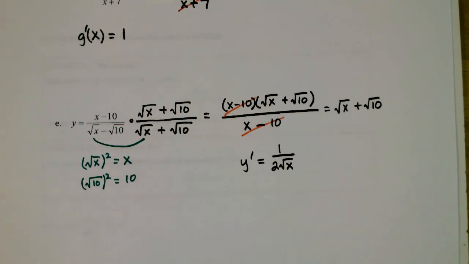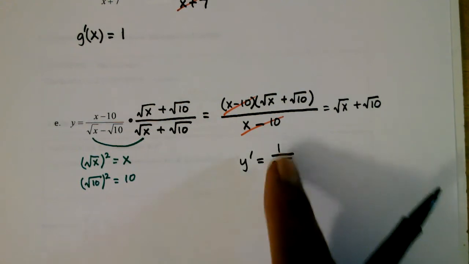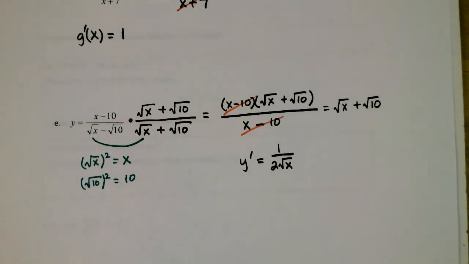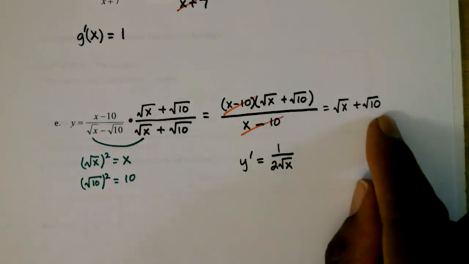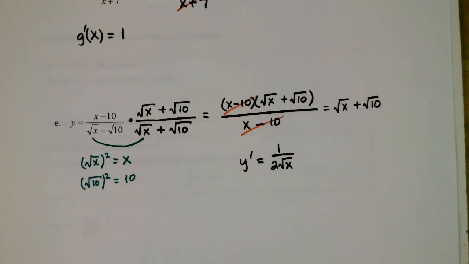But in one of those examples, I used t. But t and x is just a variable, means the same thing. The derivative of the square root of x will be 1 over 2 square root of x. Now for the square root of 10, the derivative of a constant is 0. So the final answer for that y prime will be 1 over 2 square root of x.